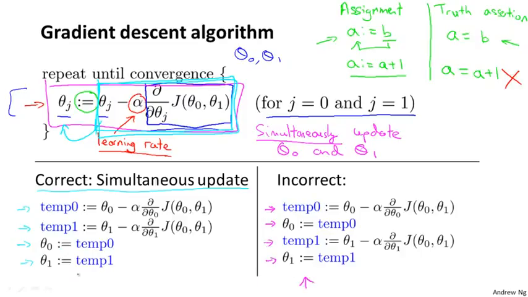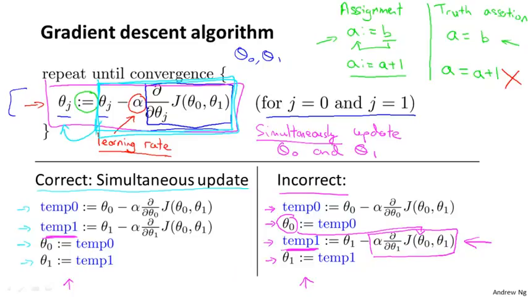And the difference between the right-hand side and the left-hand side implementations is that if you look down here, at this step, if by this time you've already updated theta 0, then you would be using the new value of theta 0 to compute this derivative term. And so this gives you a different value of temp 1 than the left-hand side, because you've now plugged in the new value of theta 0 into this equation. And so the one on the right-hand side is not a correct implementation of gradient descent.